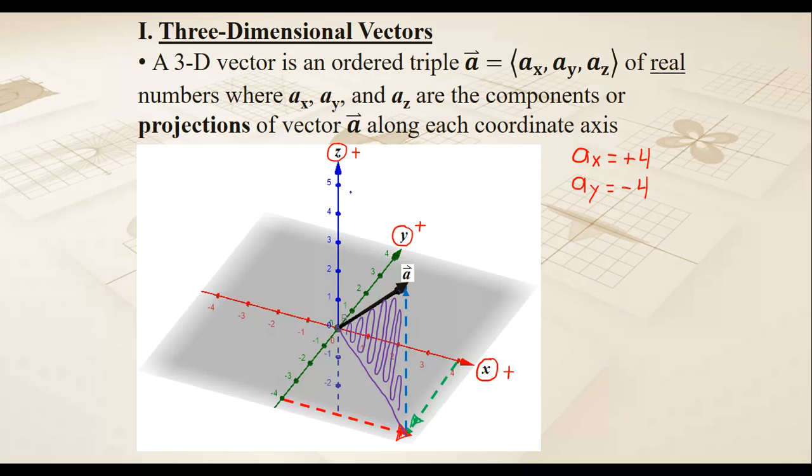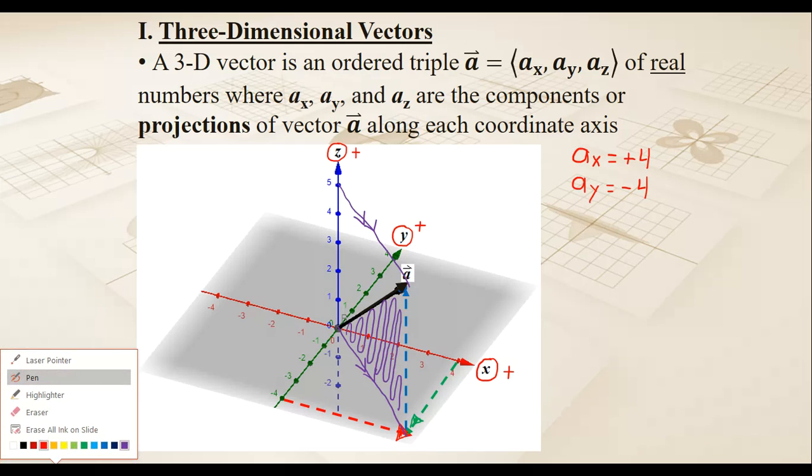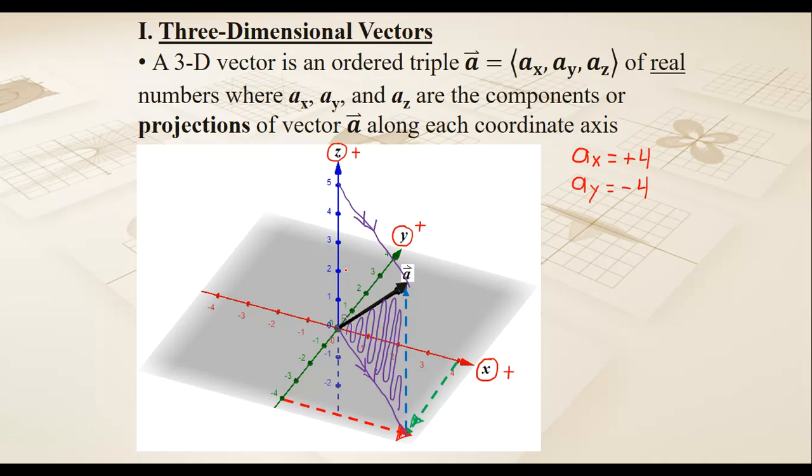If I do that, I should get a line that looks something like this here. That's supposed to be parallel with that bottom one. So what that shows me is the height of this vector. Well, it would be in the positive z direction, and it would be 1, 2, 3, 4, 5 units up. So I'd say A_z would then be equal to +5.